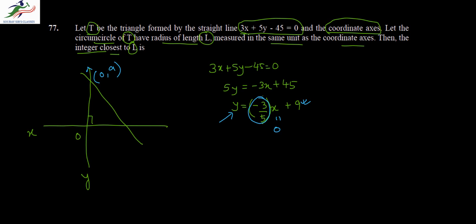So we get 9 here, and there will be a point where this will intersect the x-axis, where the value of y will be 0 and the value of x would be, if I put y equal to 0, then this equation becomes 3x is equal to 45 or x equal to 15. So for y equal to 0, x is 15. So therefore these are the 2 points at which it intersects the x and y axis respectively.